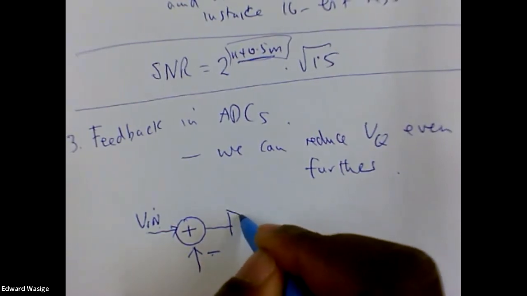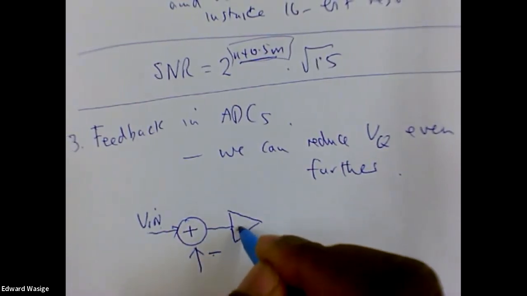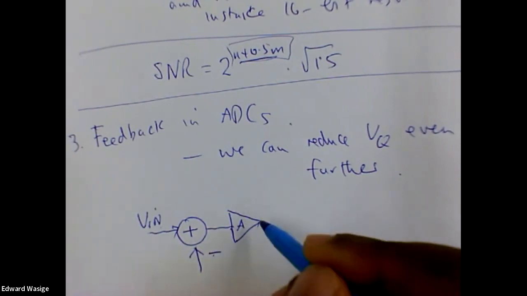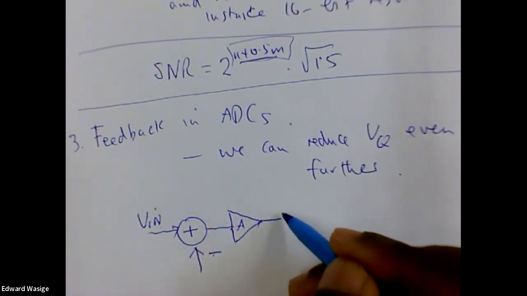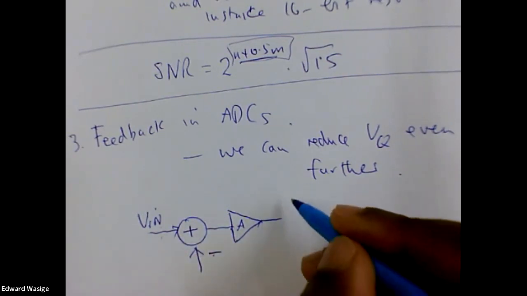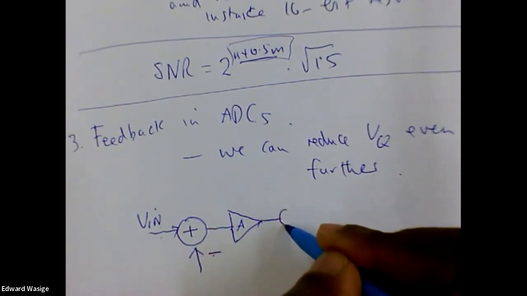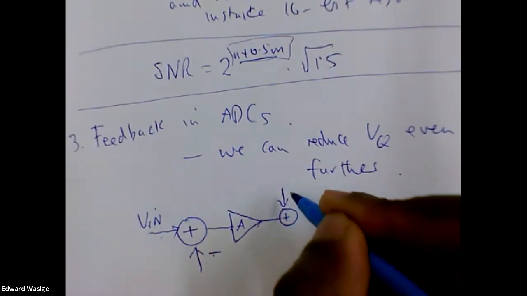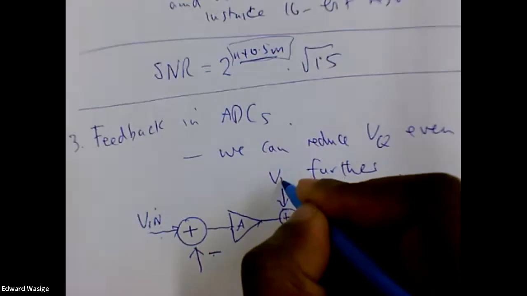If we consider an amplifier, for example, of gain A, it amplifies the input signal. And let's assume that this amplifier introduces a noise signal Vn.